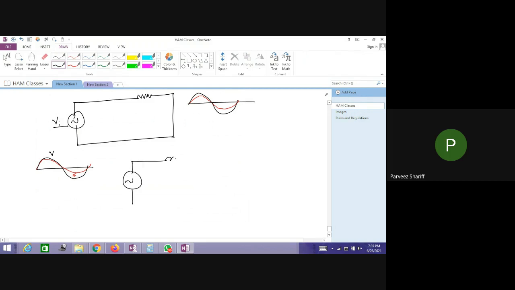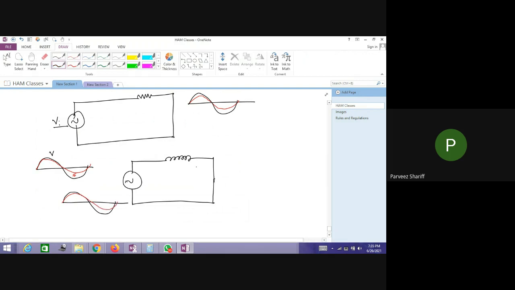Now we have only an inductor in the circuit and nothing else. Here we have a voltage like this, and the current is also in phase like this, no change in phase.